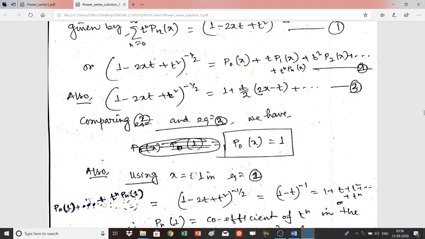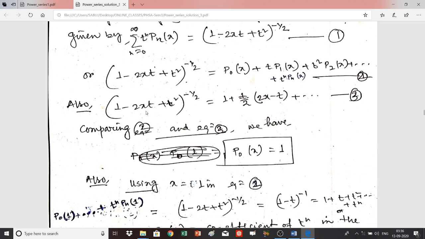However, in this relation, if you write x equal to 1, what will we have in equation number 2? You are interested in replacing x by 1.